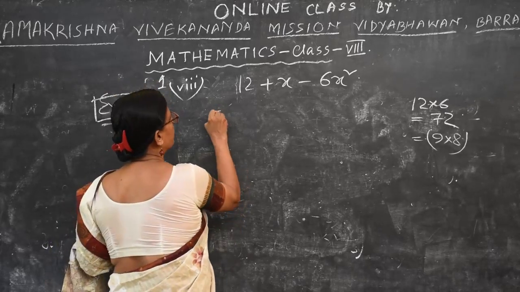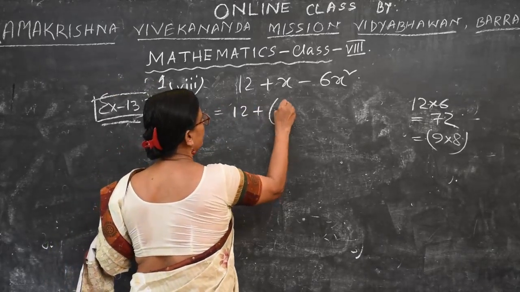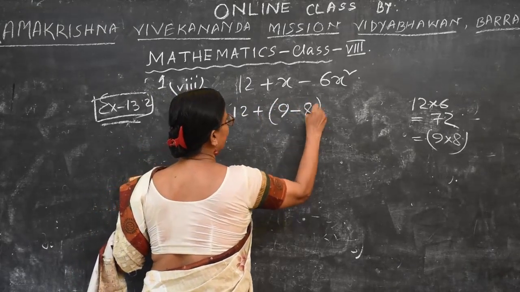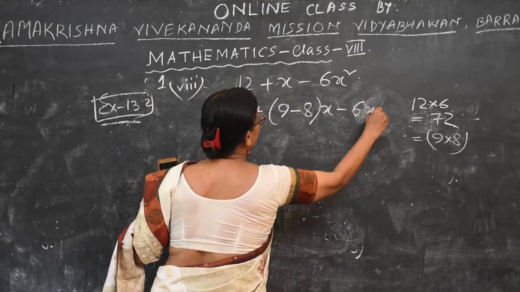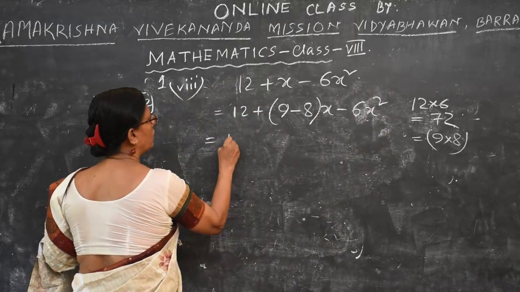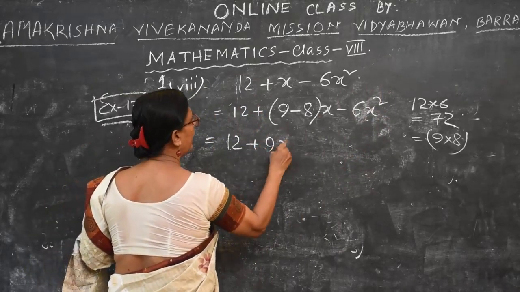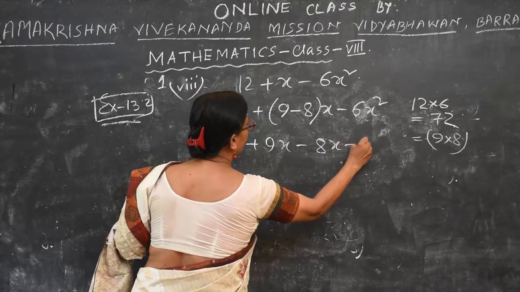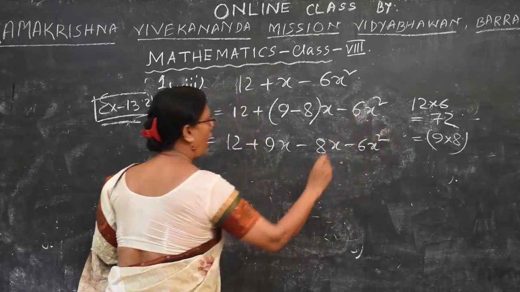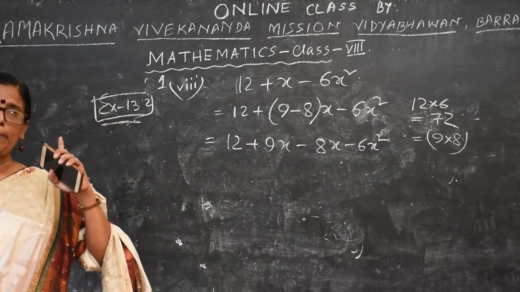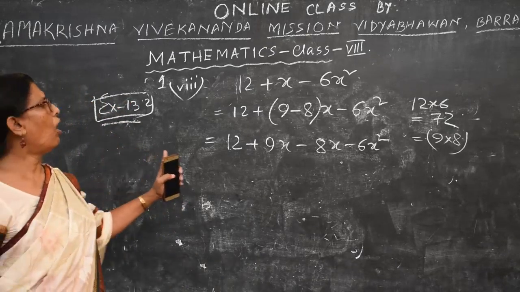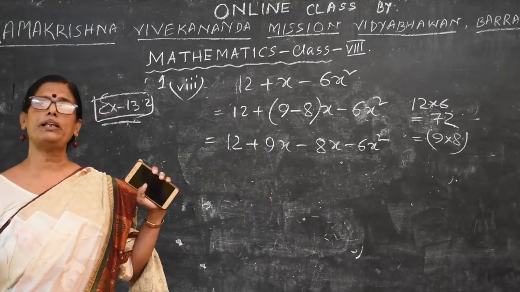So it becomes 12 plus 9x minus 8x minus 6x square. I just tell one thing, please keep in mind. If all are plus, no problem in the factorization.